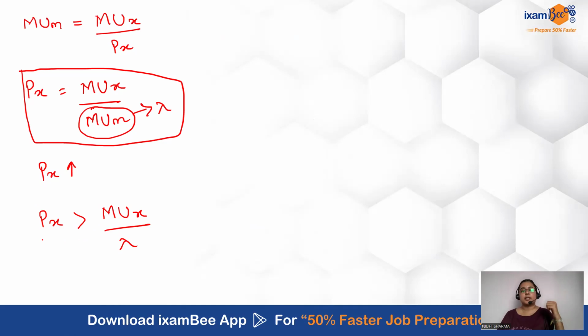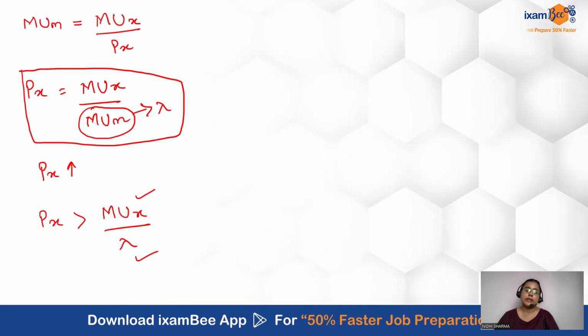Now, how can I restore this equality? Suppose I want to restore the equality between the left hand side and the right hand side, then what can I do? I need to do something with the right hand side variables. On the right hand side, I have two variables. One is marginal utility of X and the other one is lambda, that is marginal utility of money. But just now I told you that by assumption, Marshall assumed that marginal utility of money will be constant. That means lambda will be constant. So according to this assumption, we cannot change lambda.